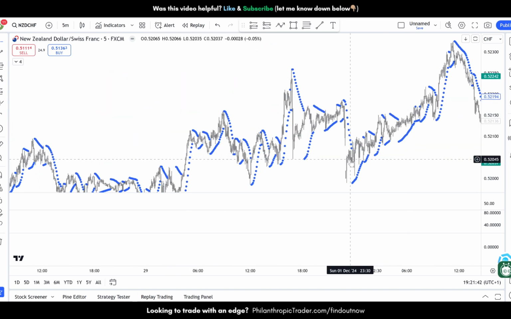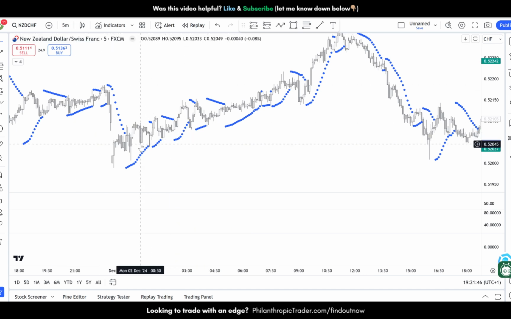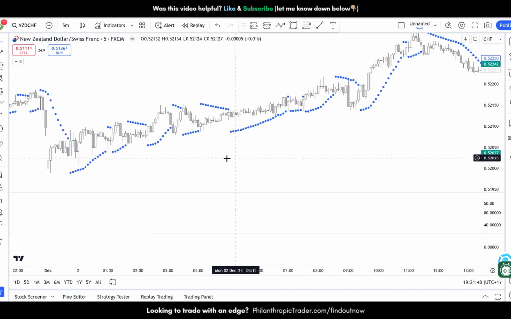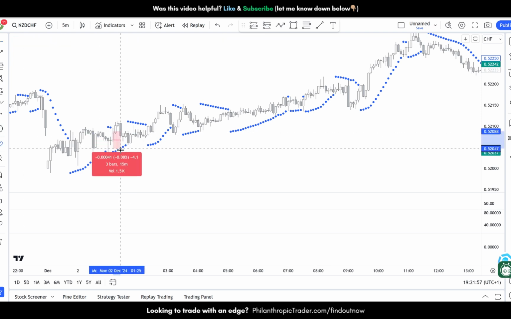Over here, let's say that we're in an uptrend on the higher time frame, because we're looking at the 5-minute. Every time you see this blue dot below the candlestick appear, you take a buy trade, right? So over here, this was a buy.